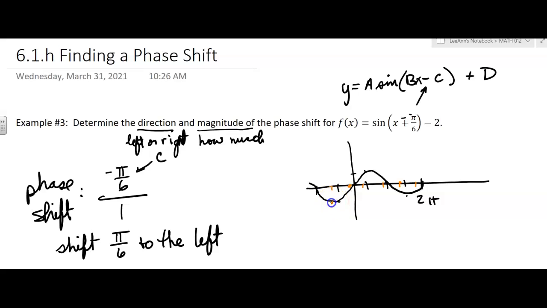This one would be at -1. This one would be at +1. This one would be at 0. This one would be at -1. And this one would be at 0. So it's looking kind of, well, it's not very smooth, but kind of like that. So the whole thing should be shifting to the left pi over 6, okay?